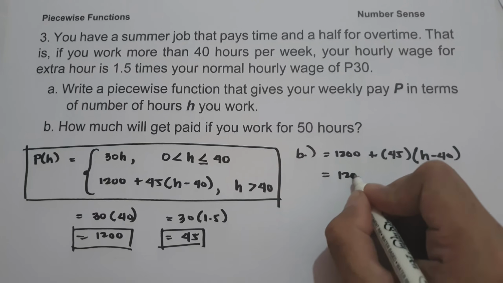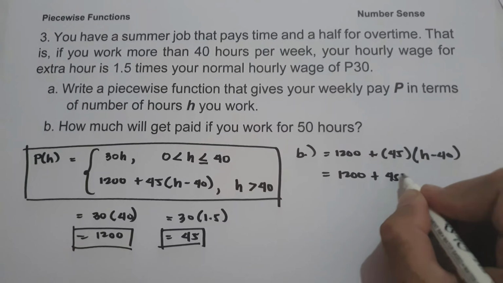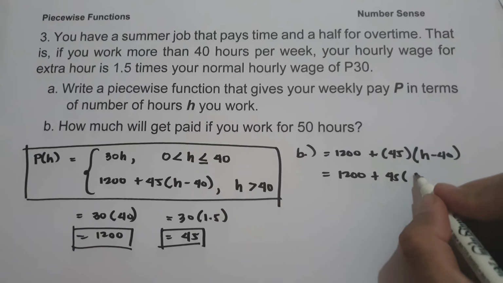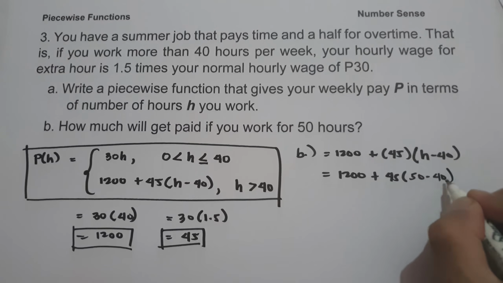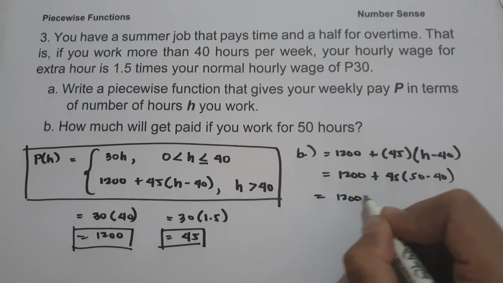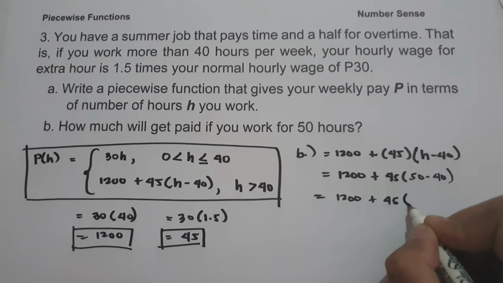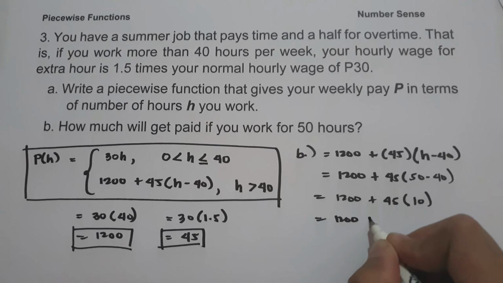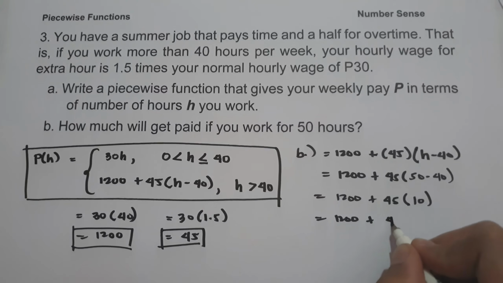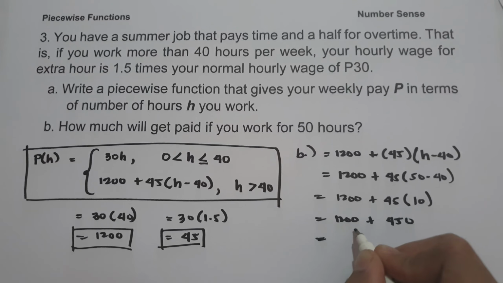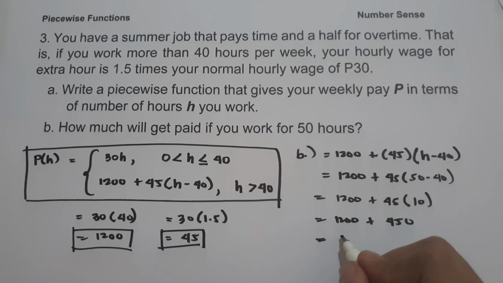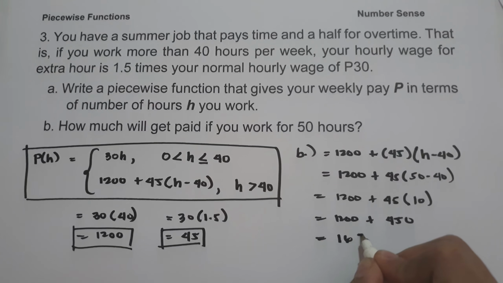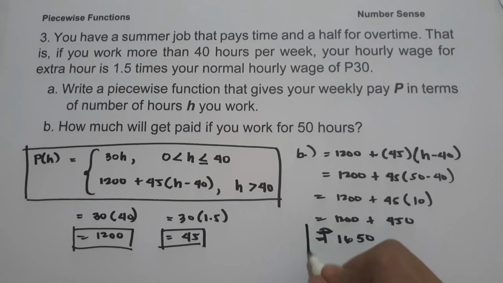Let us have 1,200 plus 45, and the number of hours, that is 50 minus 40. 50 minus 40, that is 10. And 45 times 10 is 450. And 1,200 plus 450, that is 1,650 pesos. And this will be our answer.